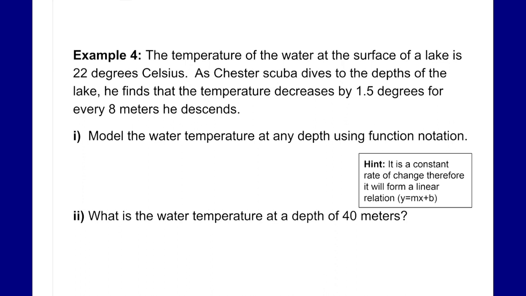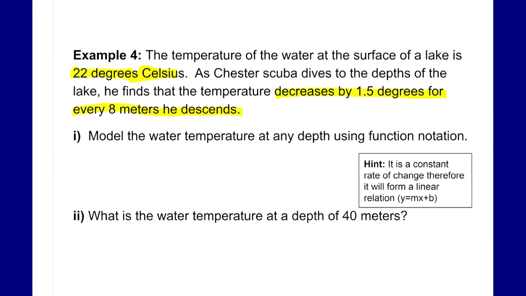So it will be y equals mx plus b. So we need an initial value and a rate of change. Going back to grade 9, looking back, we see an initial temperature at the surface of 22 degrees. We also see a rate of change: it decreases 1.5 degrees for every 8 meters he descends. So we are going to use function notation.